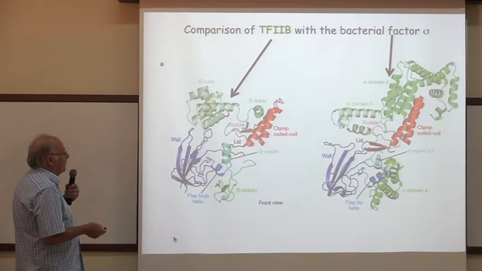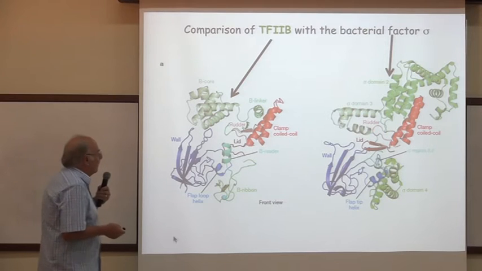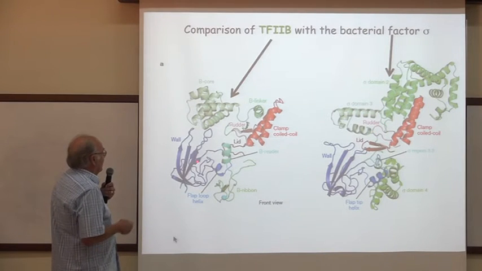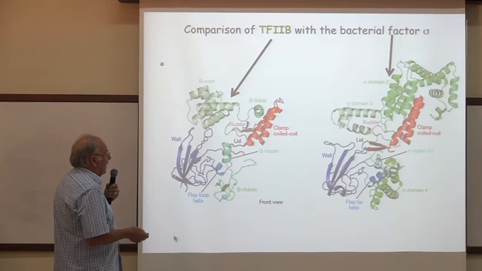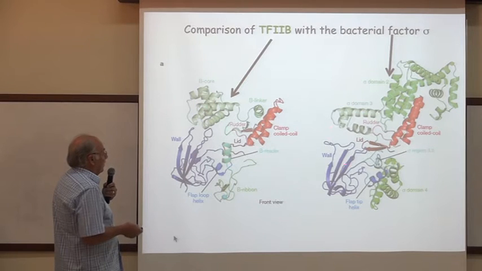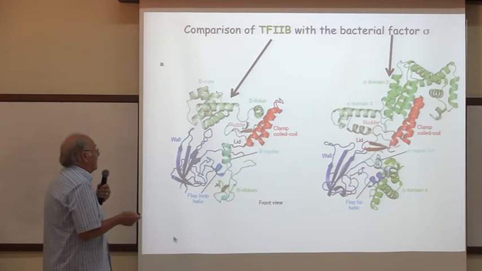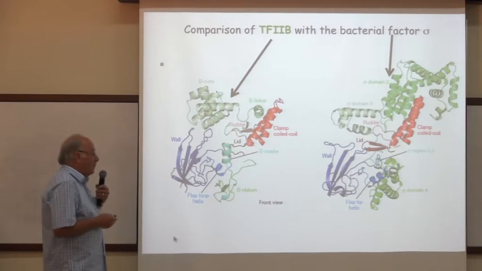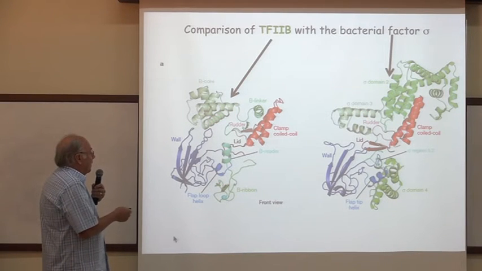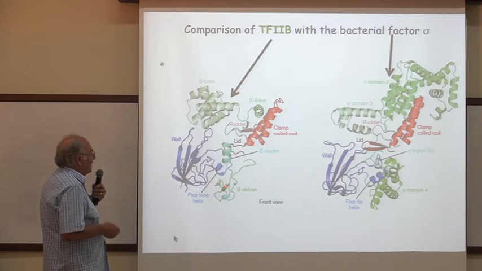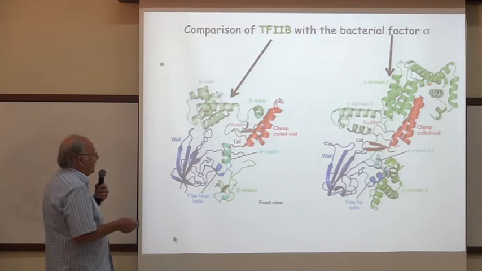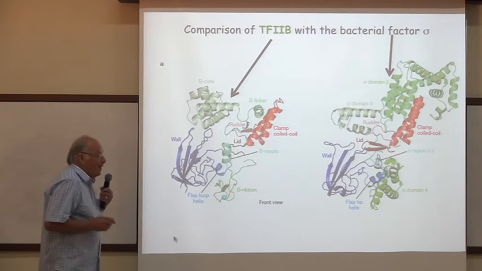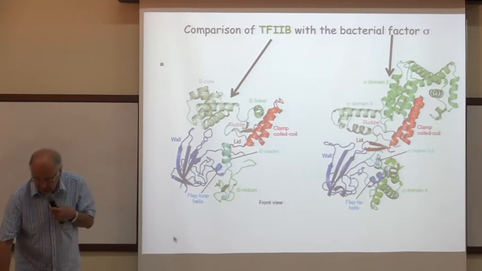You see both in the bacterial case and the eukaryote cases, you have these RNA polymerase structures being quite identical, but the proteins here have very different arrangement, but they do the same type of job. So they put the DNA, the template strand of the DNA, in the proper place by different types of structures, but they correspond to each other functionally.